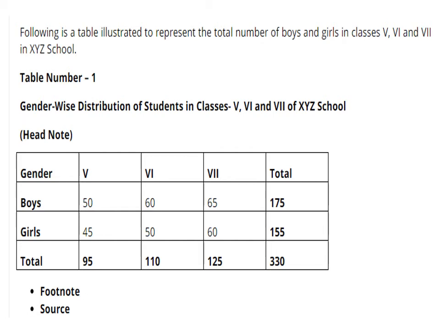Here the column titles are gender, 5, 6, 7 and the total. And we have the stubs here. The row titles are called stubs; boys, girls and total are the stubs which we have used in this table. And if you have any footnotes and where you have collected the data, whether you have collected data from the admission book, we have to mention the source.